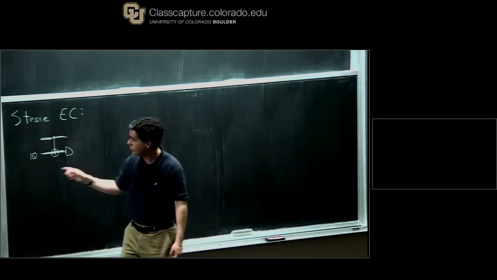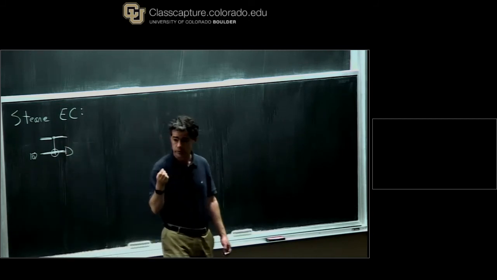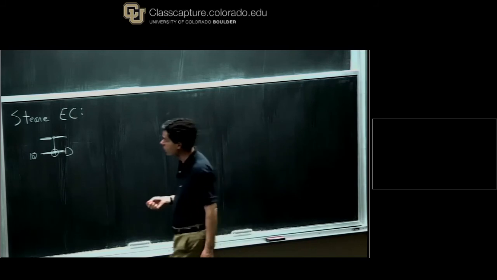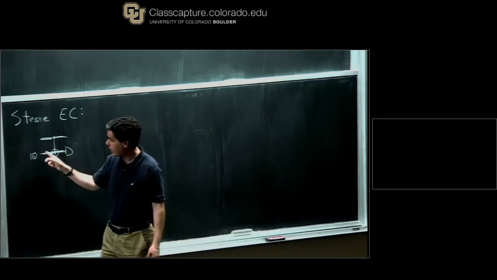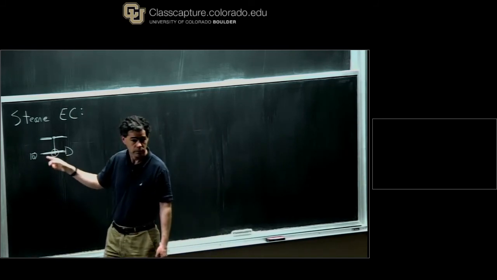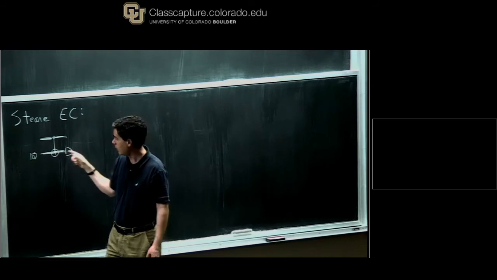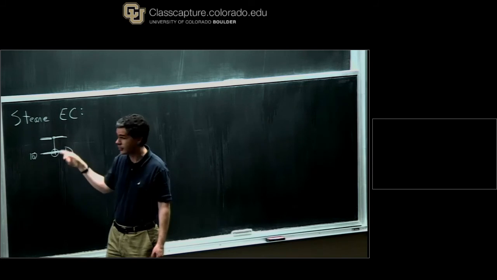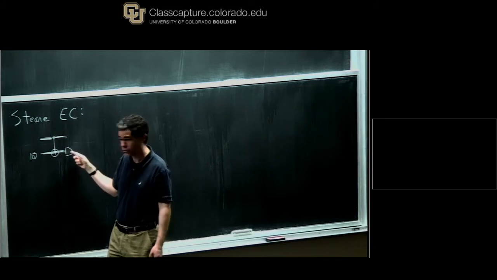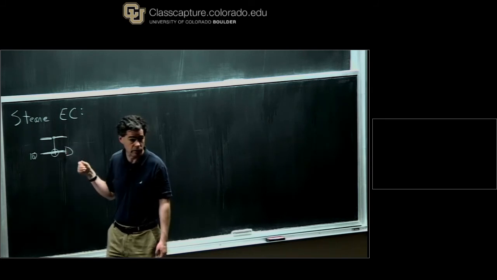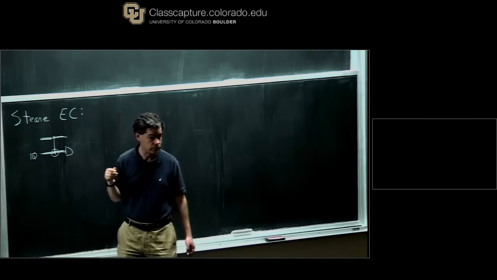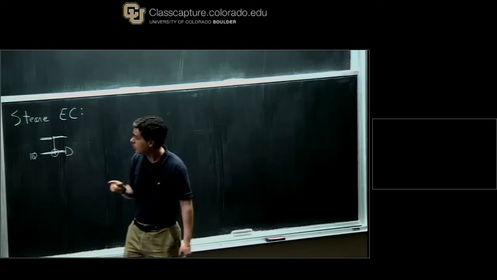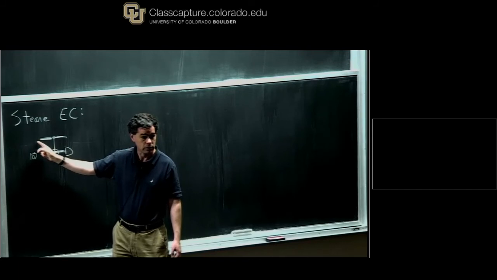But in this procedure, let's look at what happens when there are errors. There might be some errors at this point when we prepared the state, and certainly those will show up here. There might be some errors in the C0 gate. Those could also show up here. There might be measurement errors. Those can show up here too. But moreover, there might be errors up here.